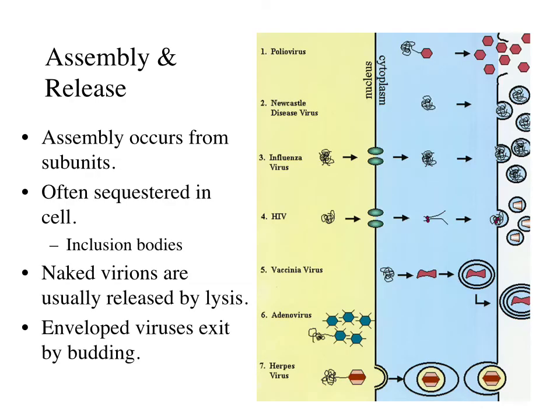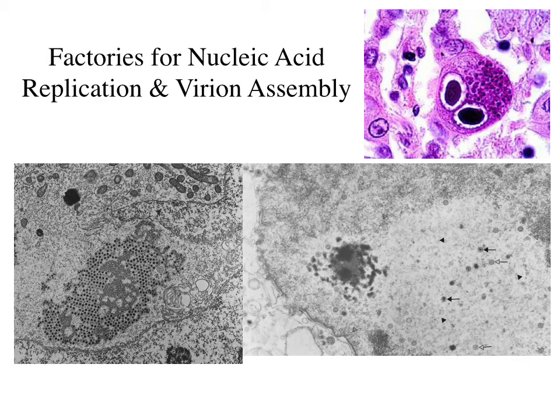The virus subunits and even partially assembled virus particles are often sequestered in particular portions of the cell, and these are called inclusion bodies. The inclusion body is a concentration of newly synthesized structural components into subcellular compartments.